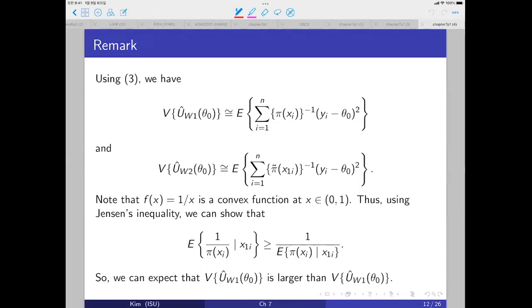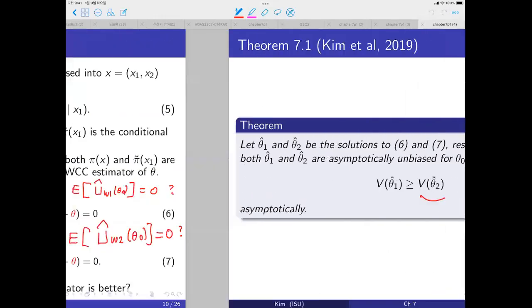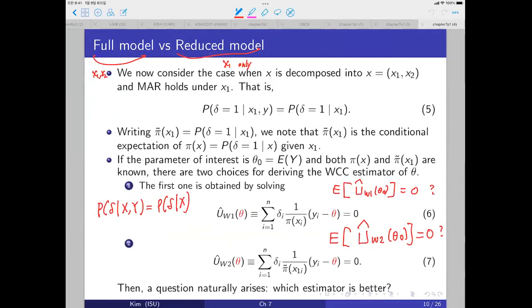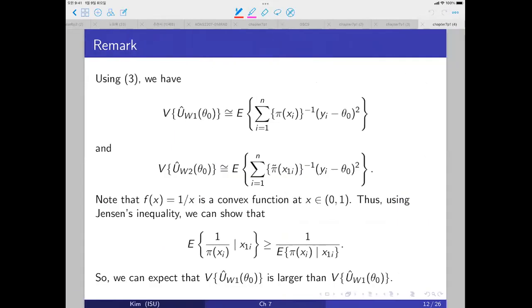But the relationship between, okay, what is the relationship between? So then this is the inverse, right? If you compare these two inverses, because pi ranges between 0 and 1, this guy is a convex function.